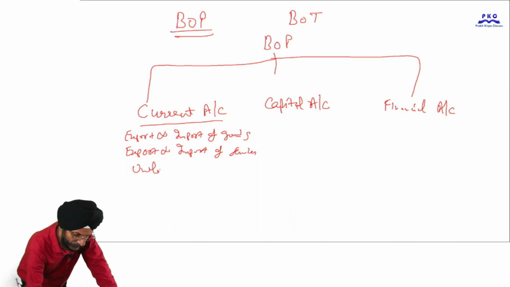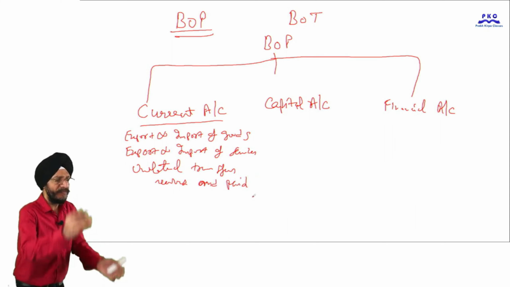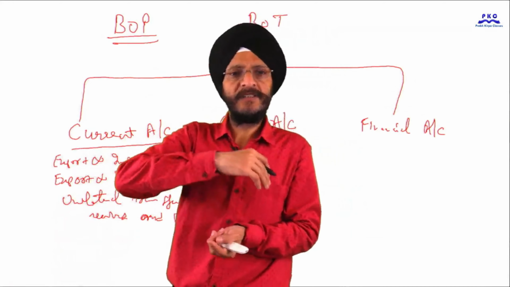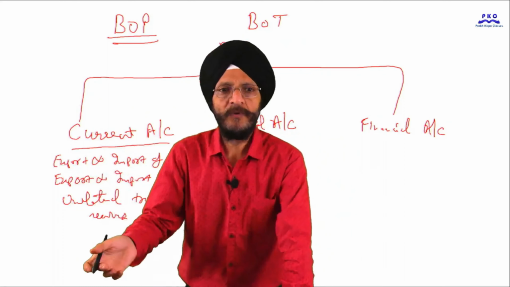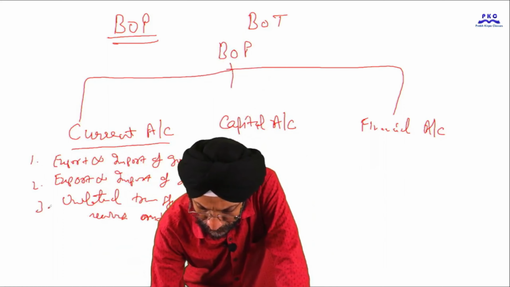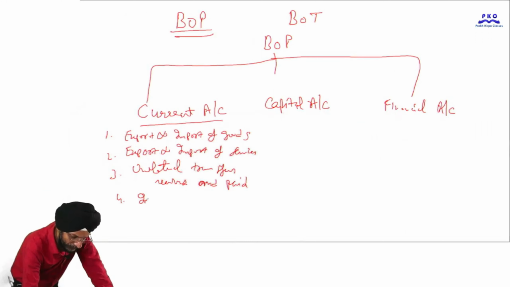Then unilateral transfers received or paid. We may be receiving certain transfers, and we will take note of the same, and what we have paid in unilateral transfers, we will also take note of. Then income from investments paid and received.